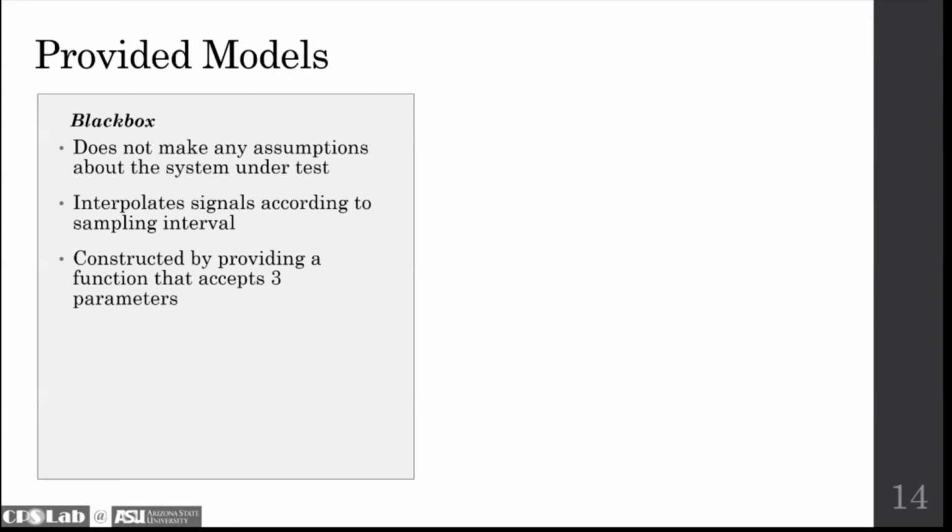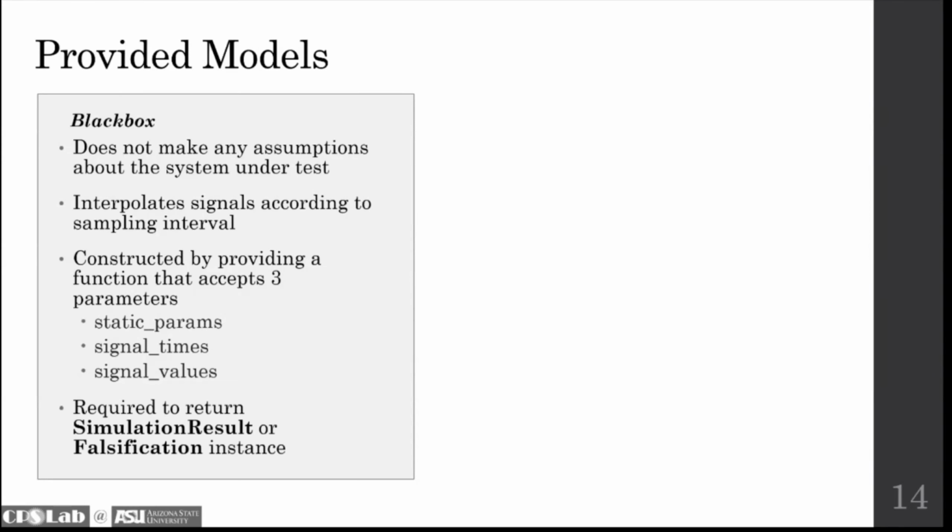A black box model is constructed by providing a function that accepts three parameters: the static parameters, the signal times created from the sampling interval, and the signal values created by evaluating the interpolators at each time step of the signal times vector. A black box model is required to return a simulation result or falsification instance.